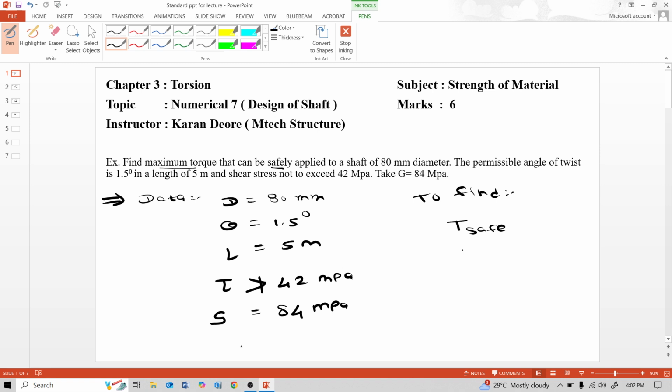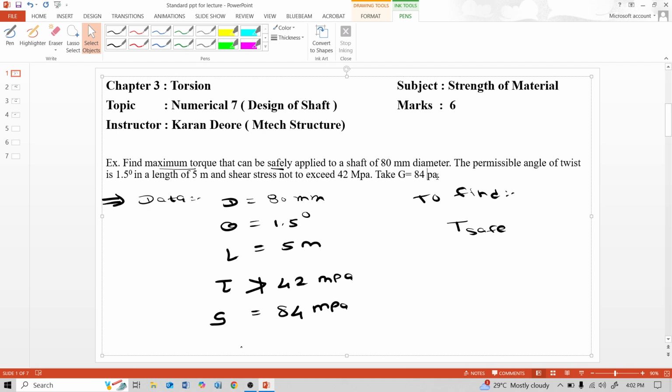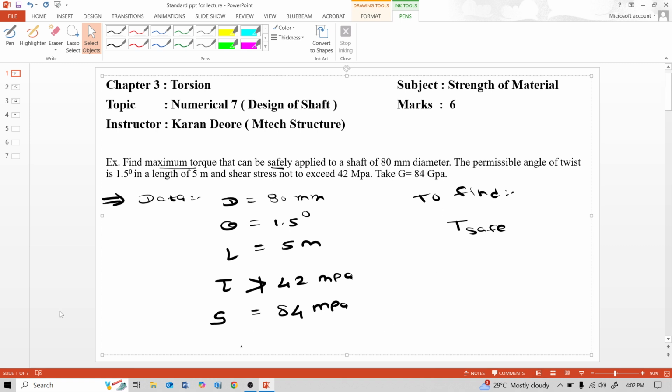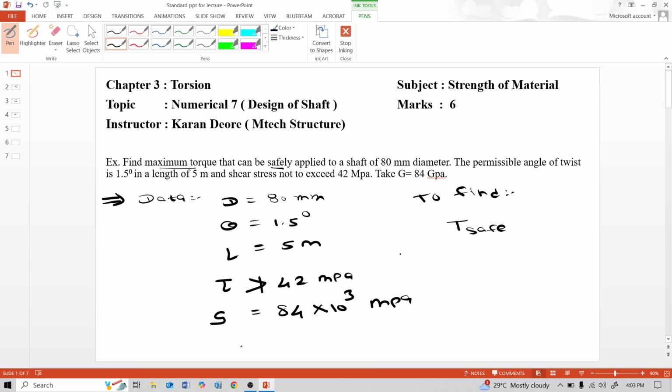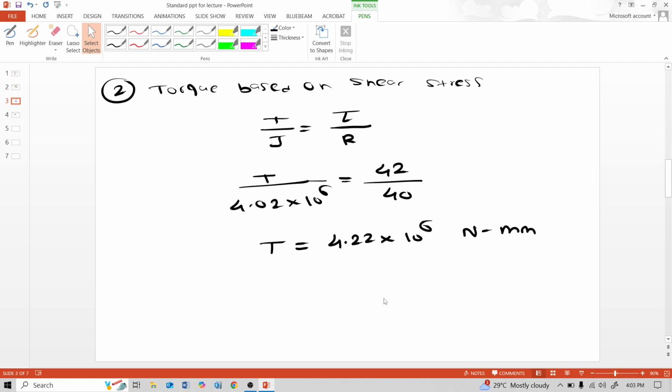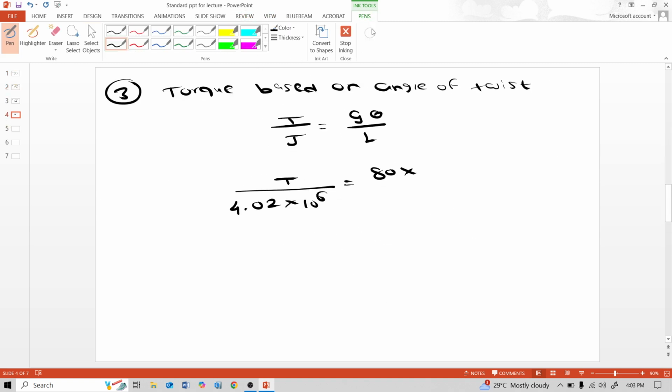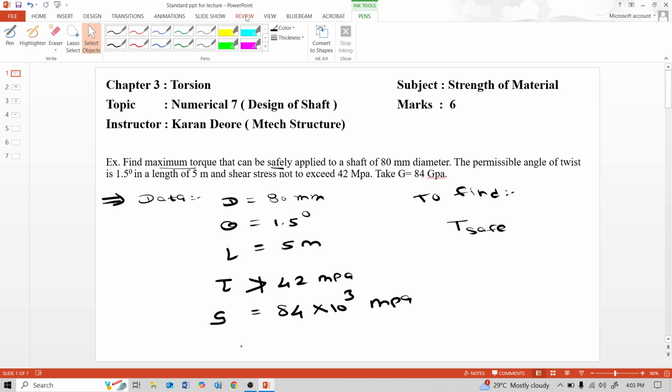And take this G as in GPa here, because in the exam they give the value in GPa. So 84 GPa, for MPa multiplied by 10 raised to 3. 84 into 10 raised to 3 MPa. The GPa value is converted into MPa by multiplication by 10 raised to 3. And the angle of twist theta is 1.5 degrees.